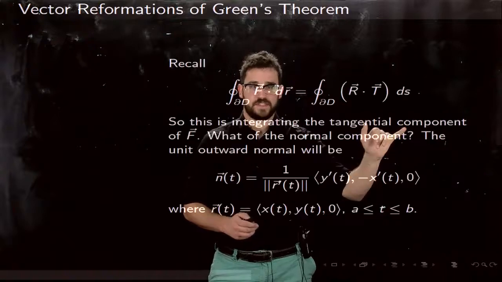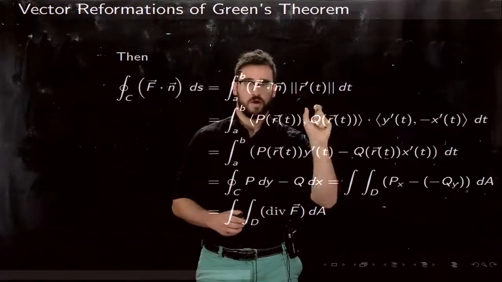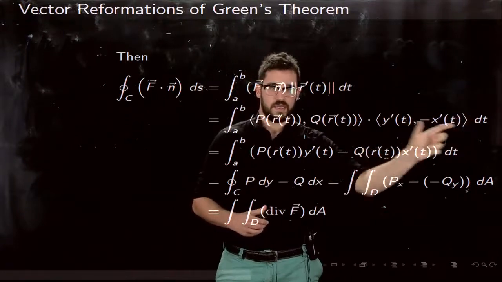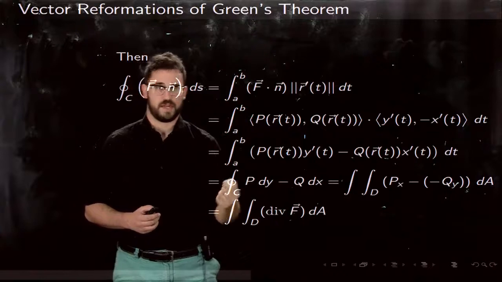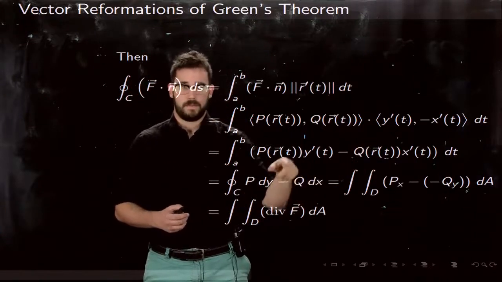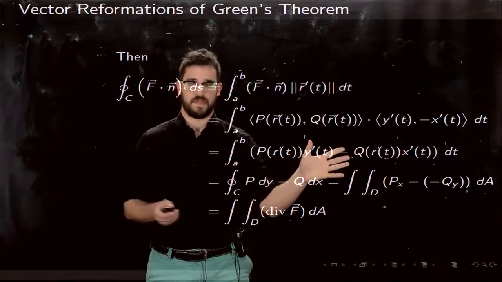Now remember, this is coming from over here, our dot dr. And this is our dr when we have things in terms of t, parameterized that way. We do our dot product, which you should be very familiar with now.